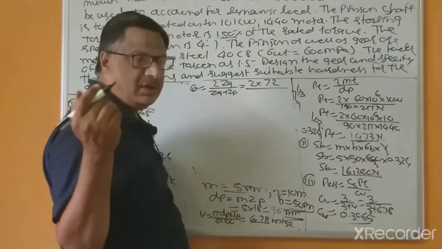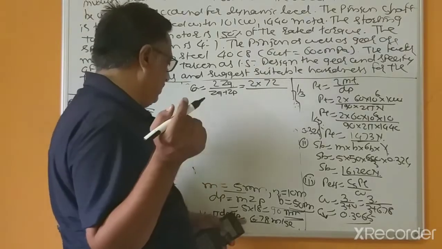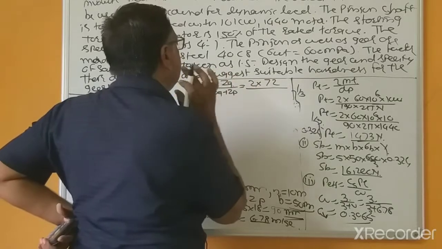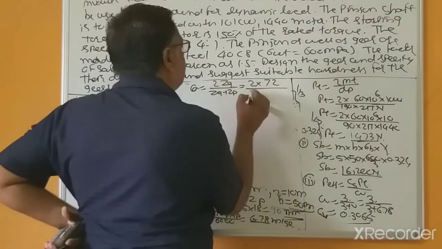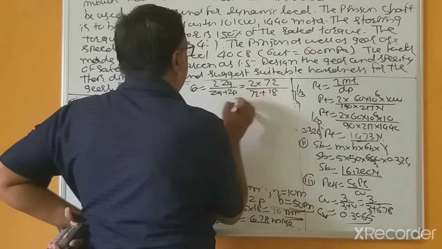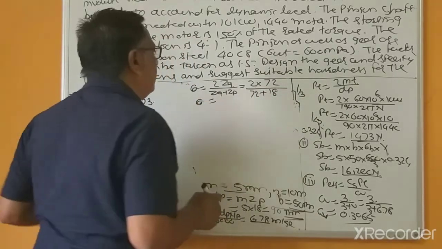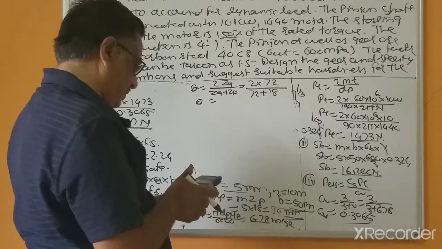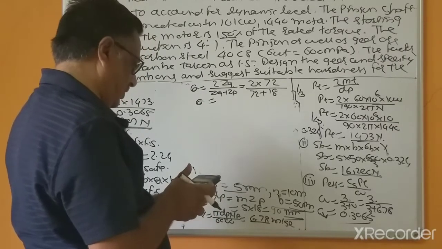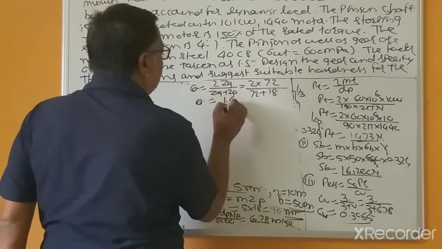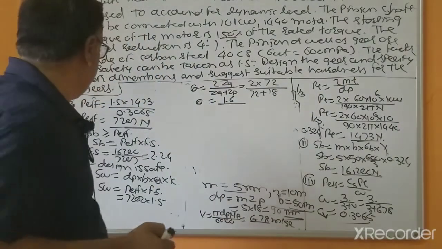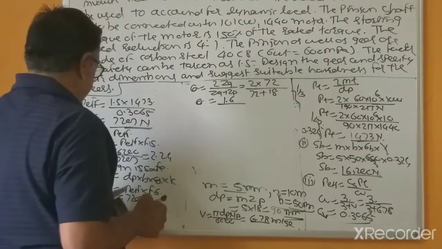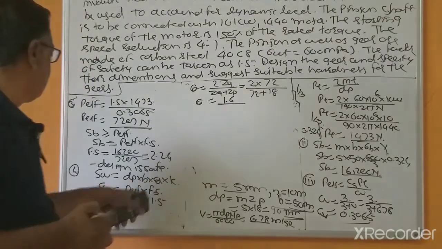18 multiplied by 4, because the gear ratio is 4, right? 72 plus 18 is 90, so Q equal to 1.6. Generally this ratio is 1.6. Now K equal to, so now put wear strength in these equations.